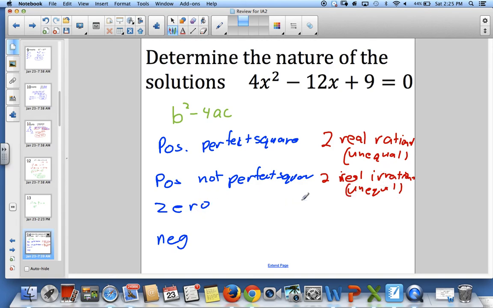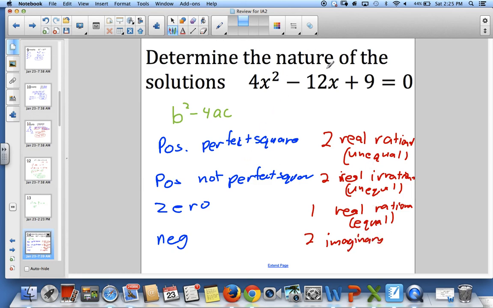If it's 0, we have 1 real and rational. Sometimes instead of saying 1, they just say equal, 2 equal roots, because basically with a second power function, we generally have 2 roots. It's just that they happen to be equal, which means there is basically only 1. If it's negative, we have 2 imaginary roots. And that's all we need to know.